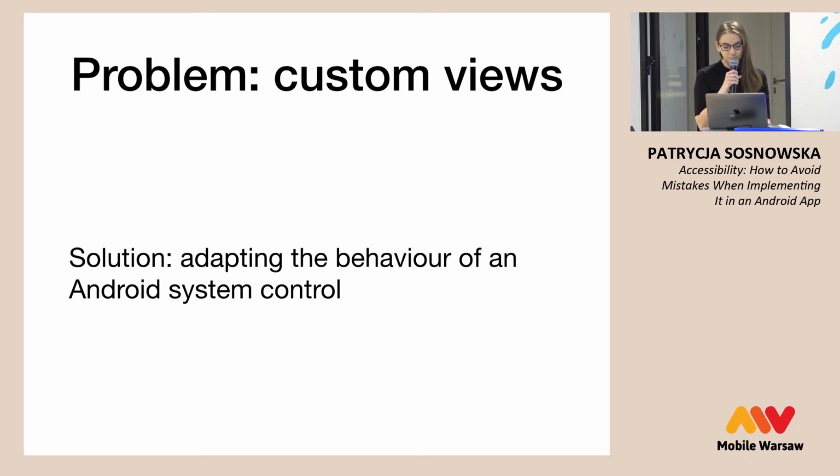Then we can try to implement accessibility in a way for TalkBack to interpret this custom view as this particular system control. And we can do this with the use of accessibility API methods. I will show you how we can use them on a custom control with behavior similar to SeekBar.